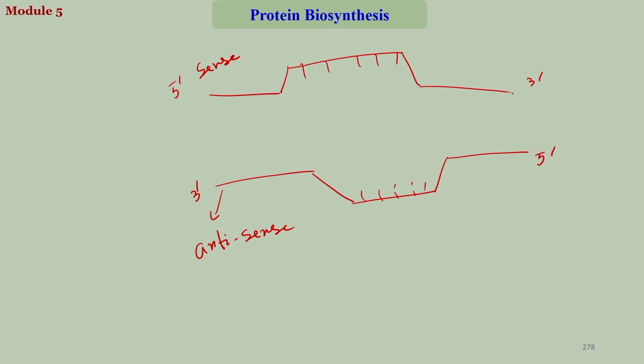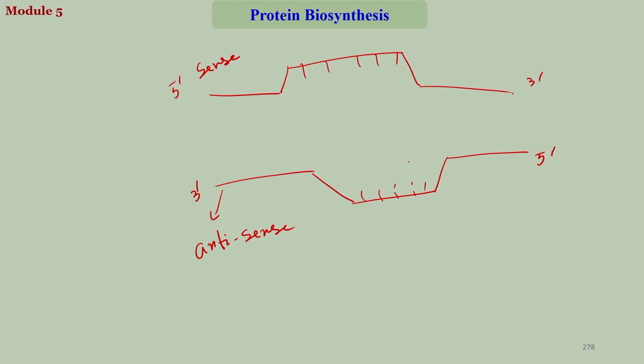Now, when it opens up the double helix to synthesize a new RNA, since an RNA is single stranded, you have to synthesize only one strand. Then it takes the antisense strand as the template, and it synthesizes RNA here, in the 5 prime to 3 prime direction, taking the antisense strand as the template, not the sense strand.